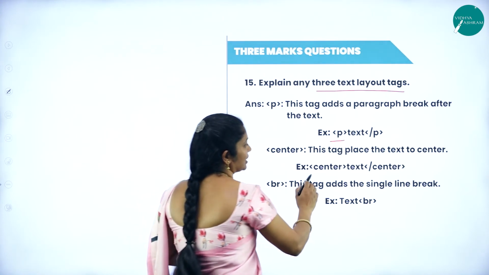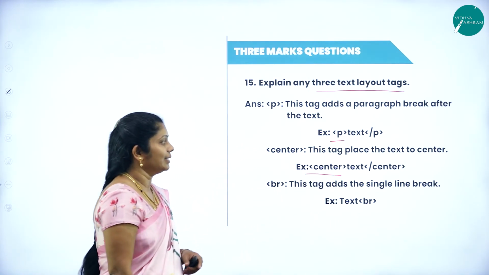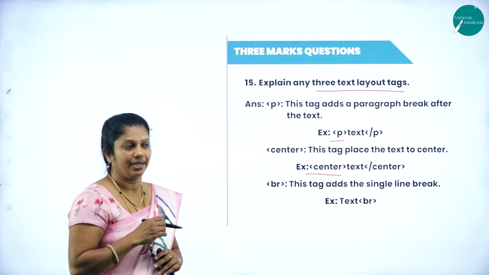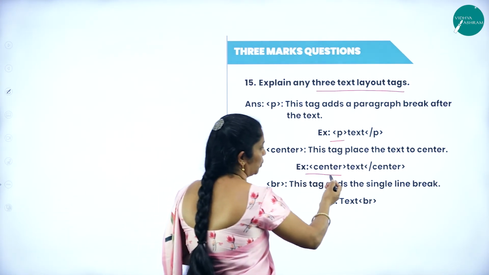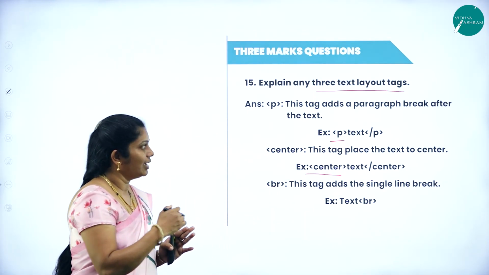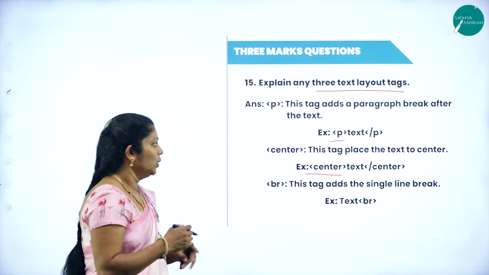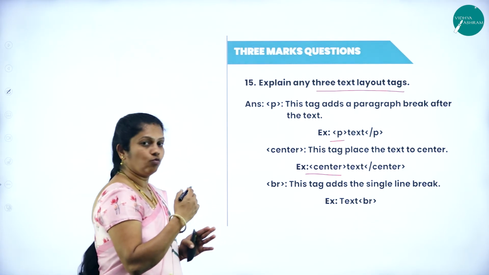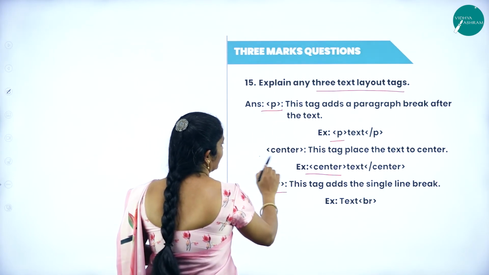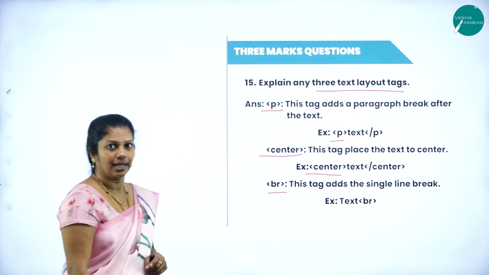And one more tag is the center tag. This center tag helps to display your data at the center of your document. Whatever text you write inside this will be displayed at the center. Paragraph tag as well as center tag. With that, we can use one more tag, that is the BR tag. First the paragraph tag, center tag and BR tag.